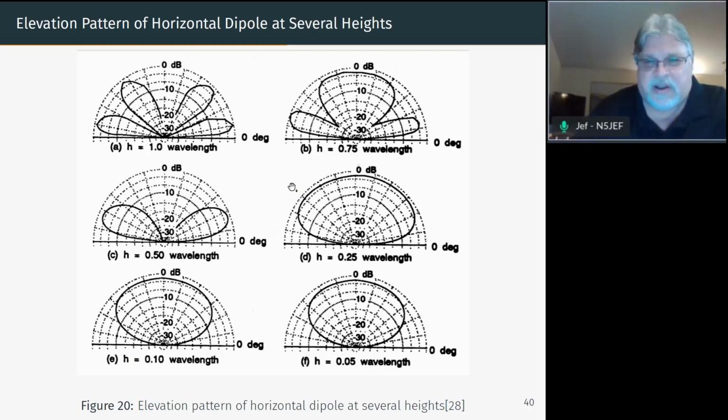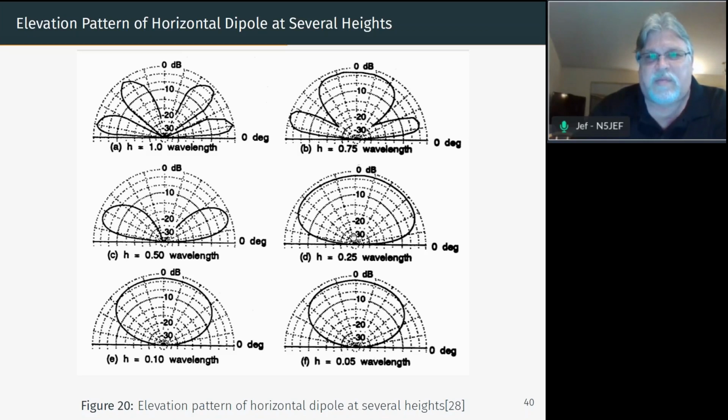So this one really makes it clear, I think. If we start down at the bottom, we have a low antenna. Moving to E here, we have a tenth of a wavelength above the ground. It's a little stronger.